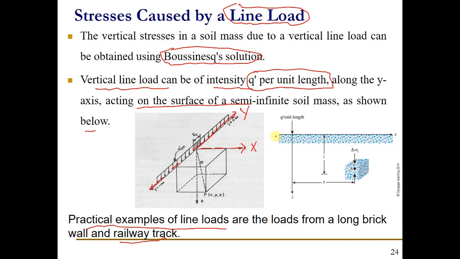You can see here that if you want to find out the delta sigma at a point A, we need to know this distance x and the depth, the value of z.